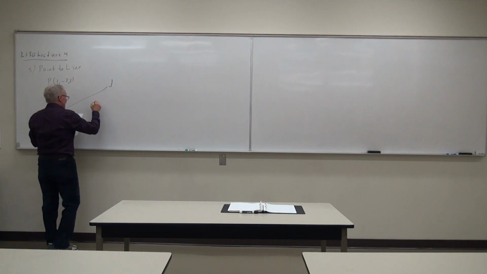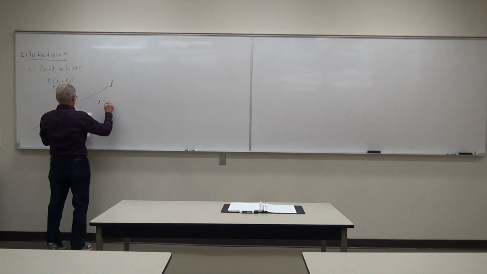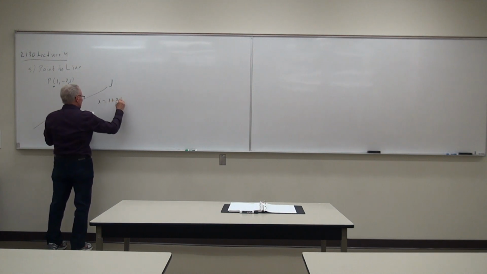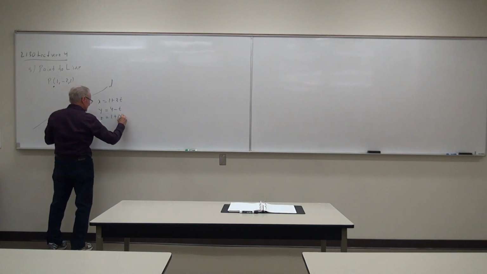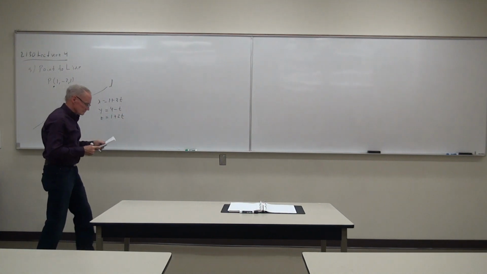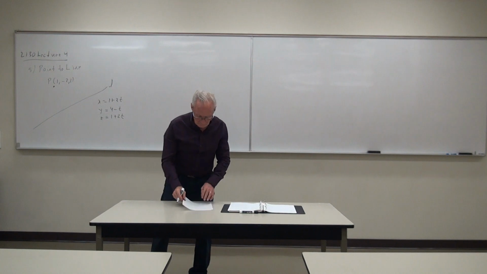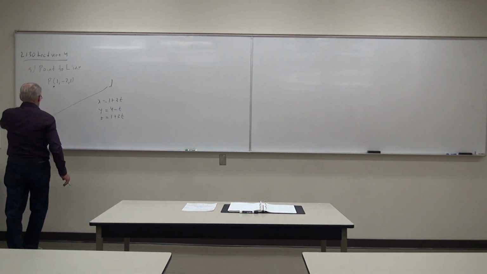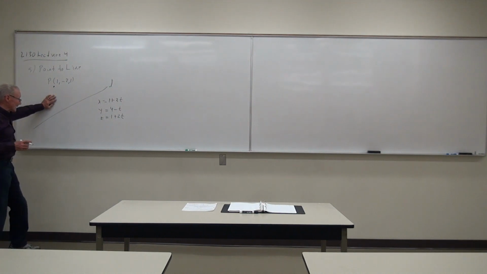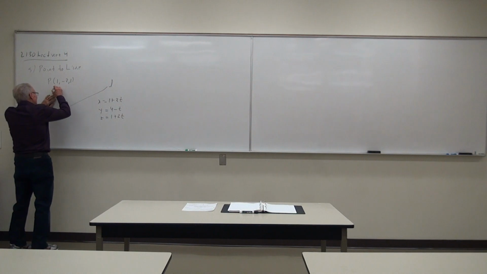And equations for the line are x is equal to 1 plus 3t, y is equal to 4 minus t, and z is equal to 1 plus 2t. So we want the distance from this point to this line. And then again, it's going to mean the shortest distance or the perpendicular distance.